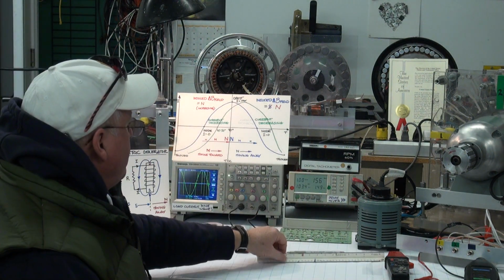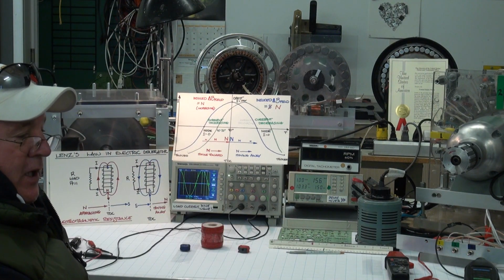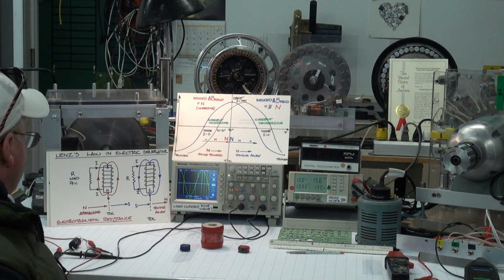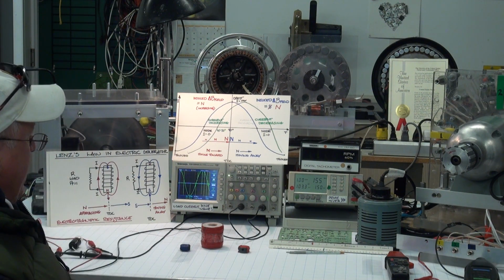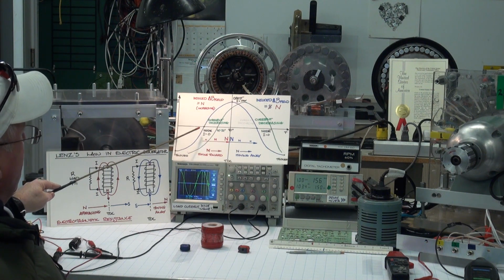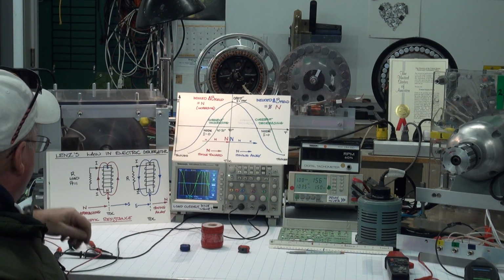Okay. We're at rotational equilibrium. And now we'll look at the load current sine wave for the conventional coil in the prototype.